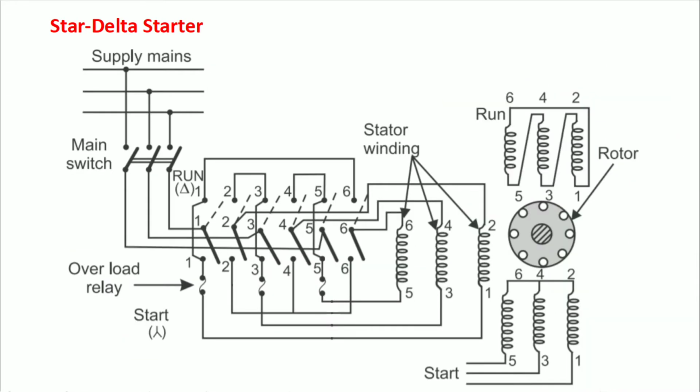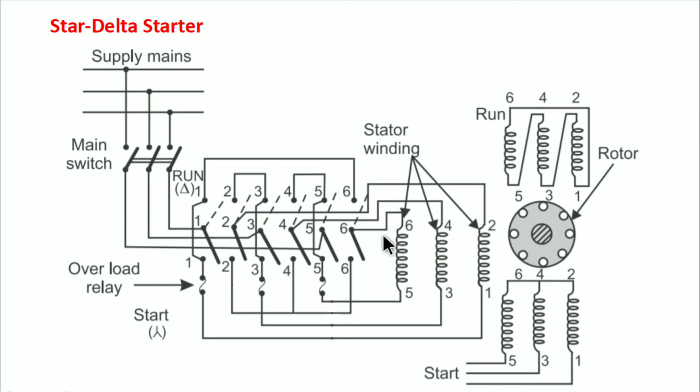Now this is the circuit diagram of a starter. Here these are the supply lines, main switch. This is the 6-pole double throw switch which acts as the star delta starter. This position is star and the upper position, run, is delta.